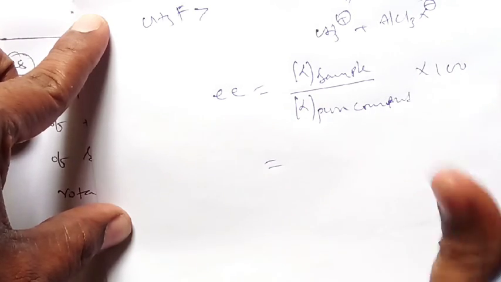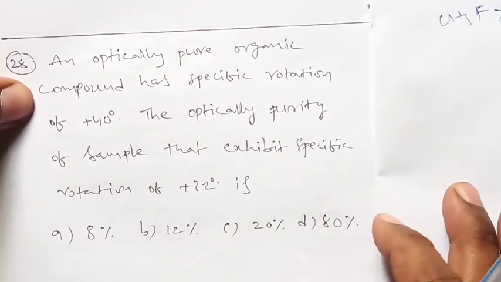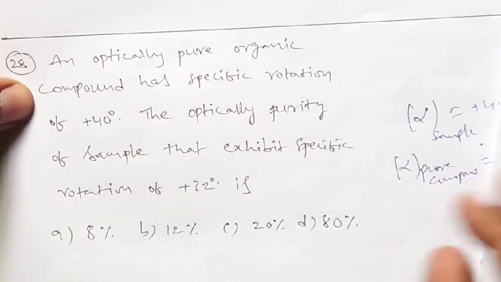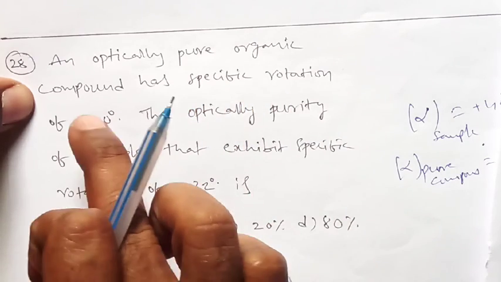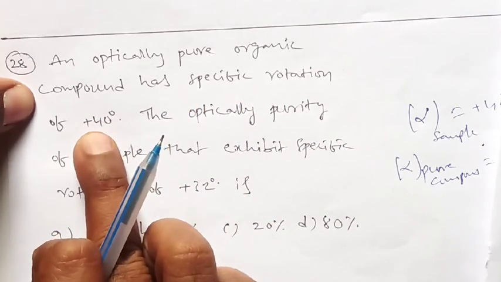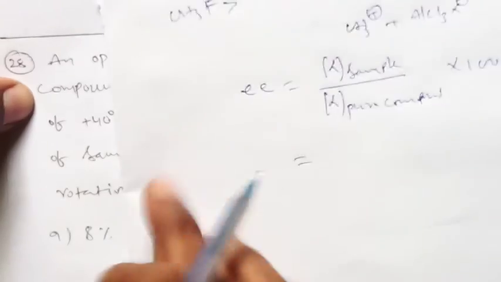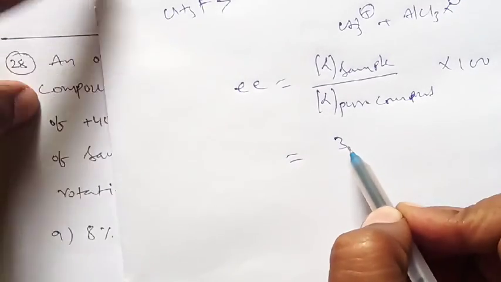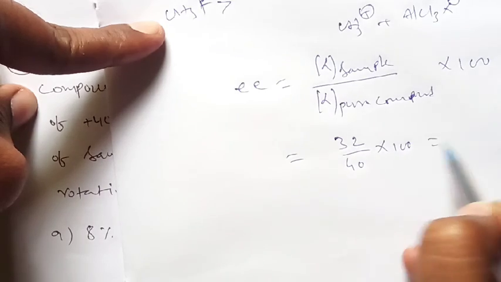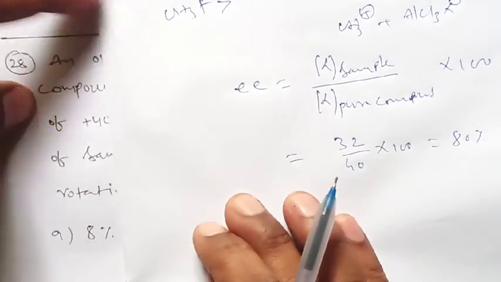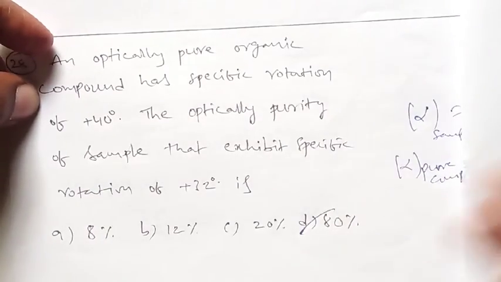The pure compound's specific rotation is 40, and the sample is 32. So we get 32 by 40 into 100, which is 80%. Hence our option is 80%.